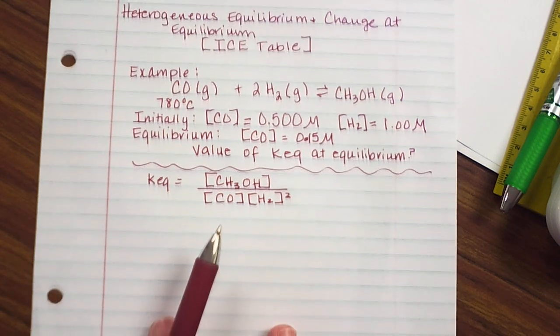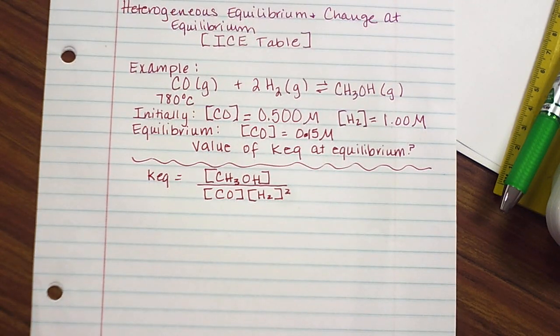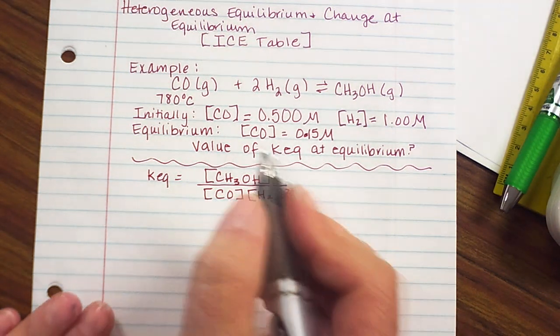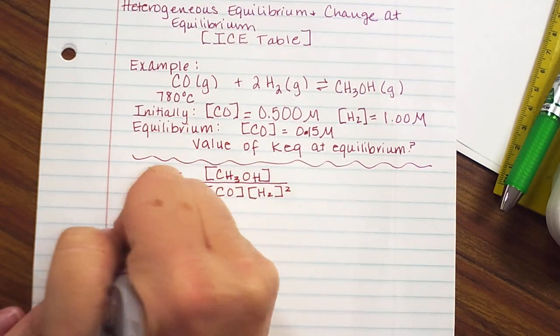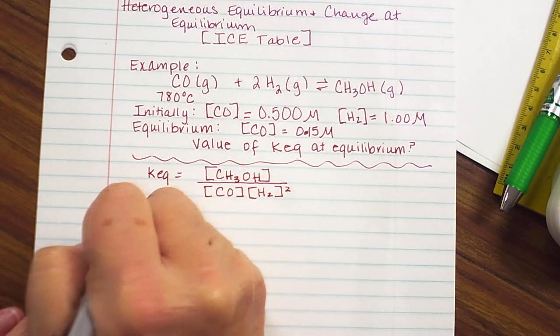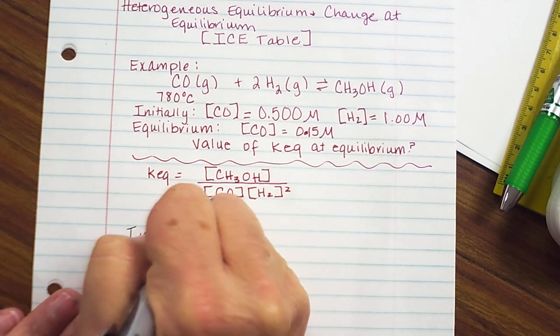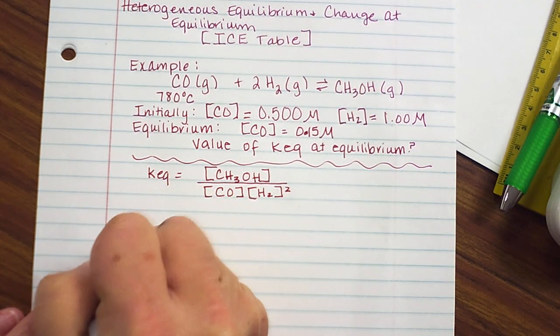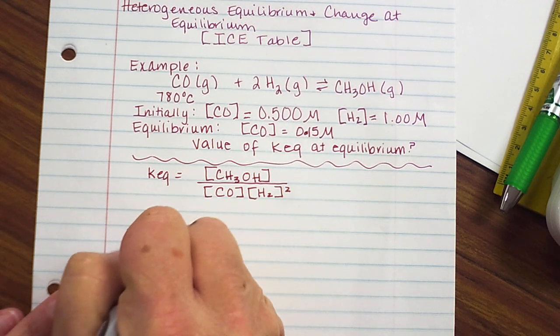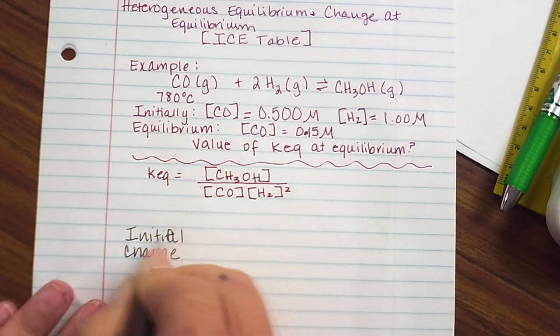So we have this process that we use that is very helpful, called an ICE table. And an ICE table looks as follows. We write down initial, change, and equilibrium.